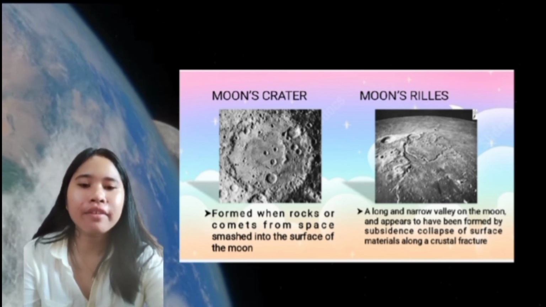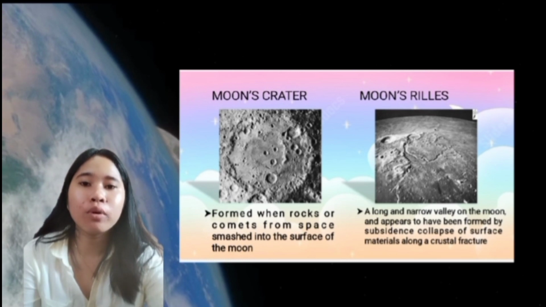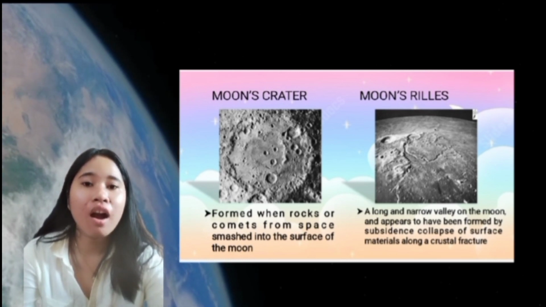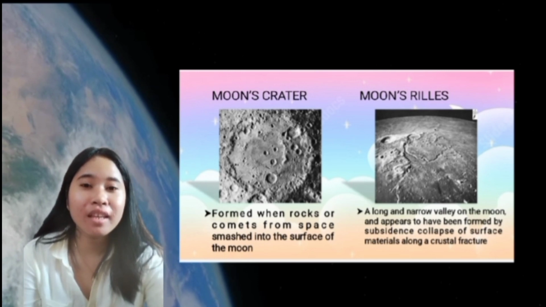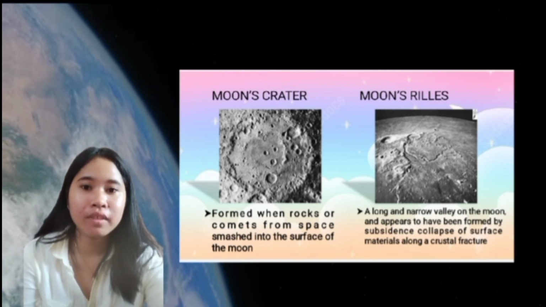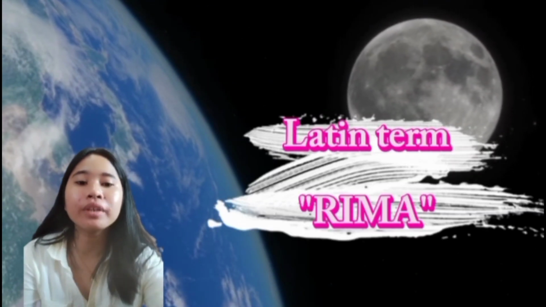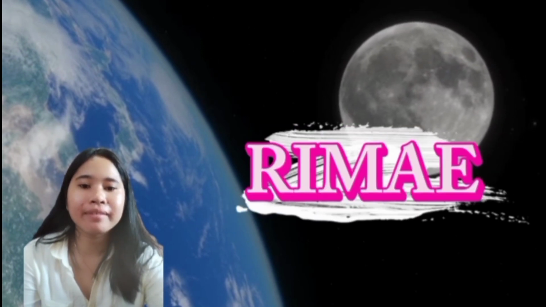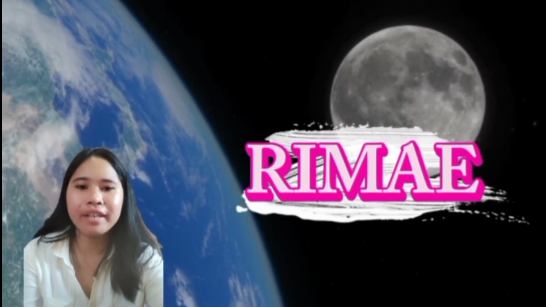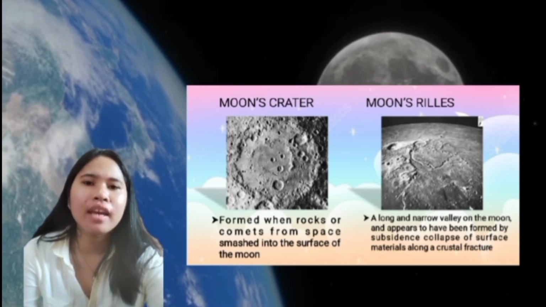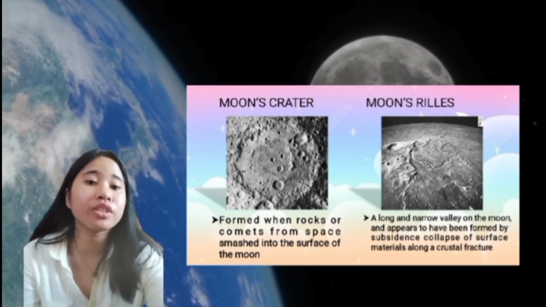Unlike craters, which are bowl-shaped, the moon's rilles are formed in a linear shape. Take a look at the picture. The Latin term is rima, or in plural, rimae. Typically, a rille can be several kilometers wide and hundreds of kilometers in length.